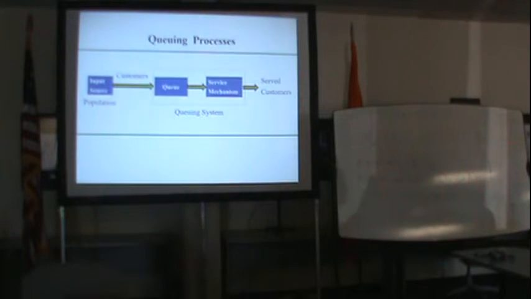There are many, many possibilities. The same thing with the queues. You could have one queue for several servers, or each server may have its own queue, and so on. So there are many problems that can be described as queuing processes.